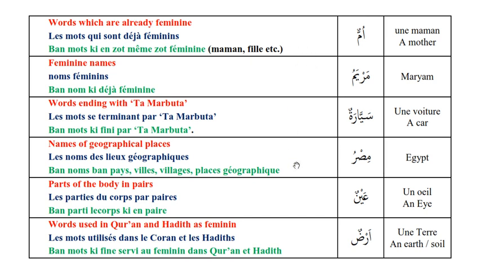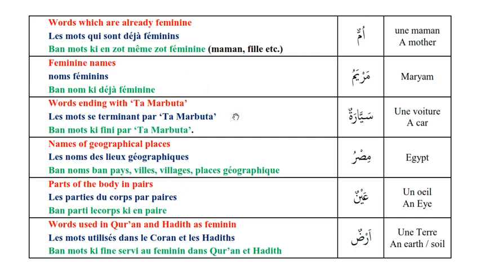So a recap, we have 6 categories, among others, which are feminine in Arabic language. The first one, they are words which are already feminine in themselves, like mother, sister, girl, grandmother. They are in themselves feminine. We have feminine names like Maryam, Fatima, Khadija, and so on.